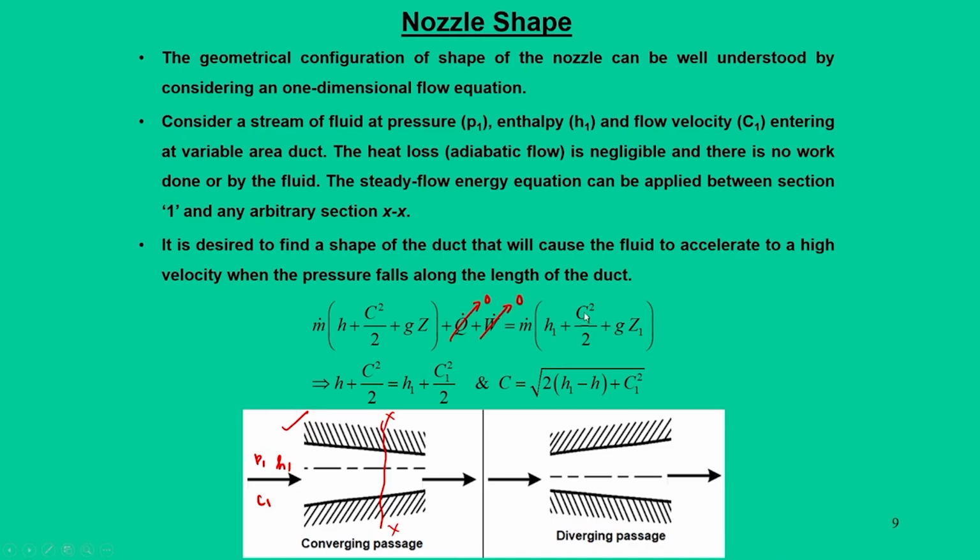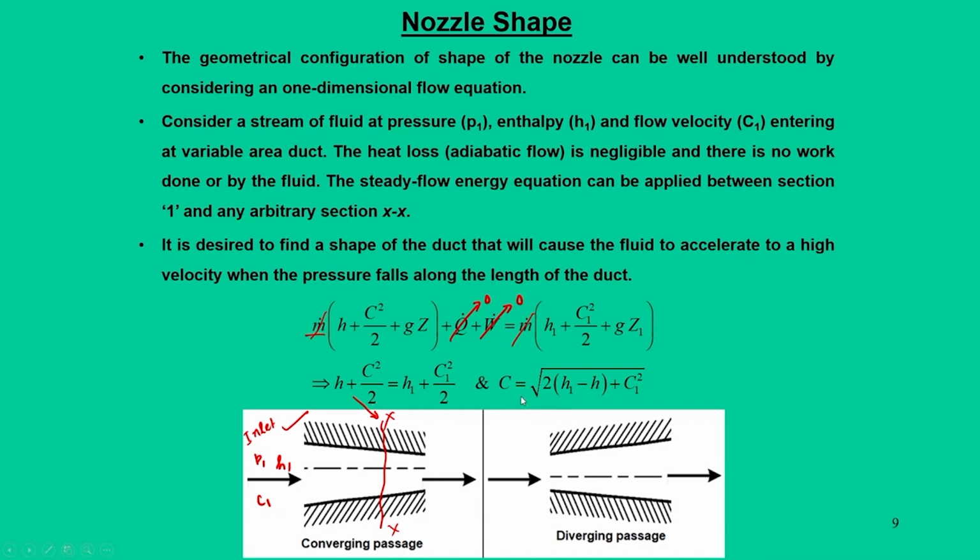Now, if you have the same mass flow rates, it gets cancelled, and then we arrive at an equation which says that h plus c square by 2 is equal to h1 plus c1 square by 2, which means h1 plus c1 square by 2 is your inlet, and h and c are values referring to section X.